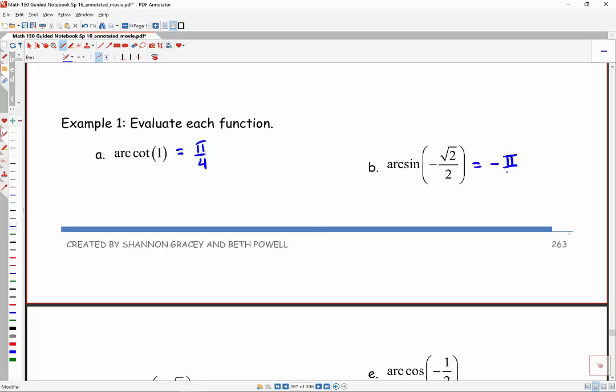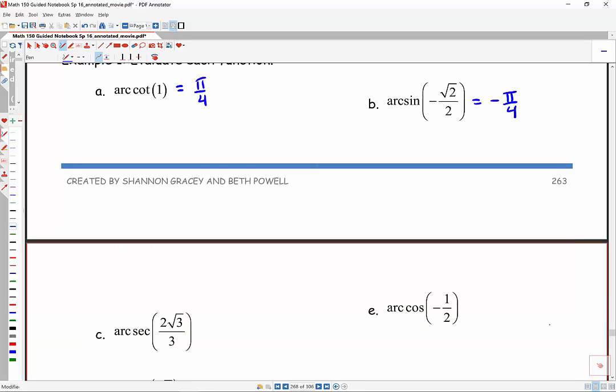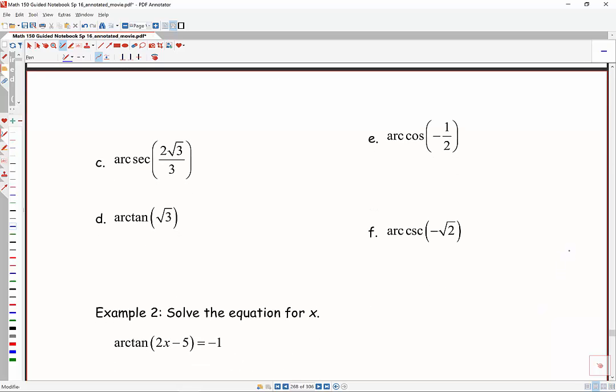All right, so the arcsecant at 2 root 3 over 3, which is equivalent to 2 over root 3. So you're thinking of, at what angle does the secant function have an output of 2 over root 3? Good, pi over 6.